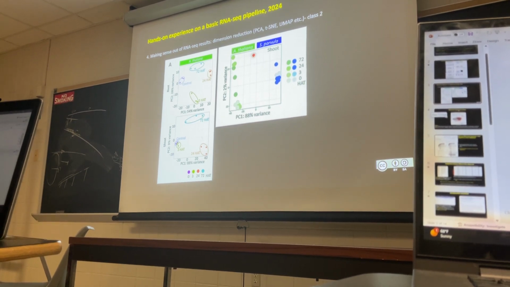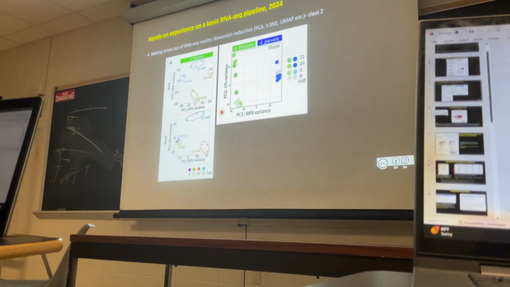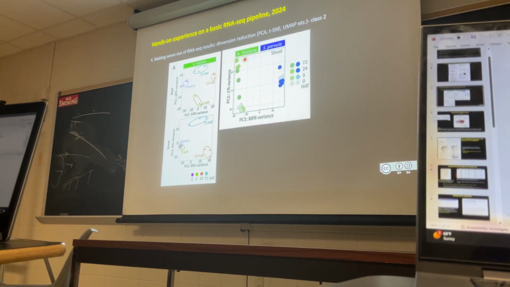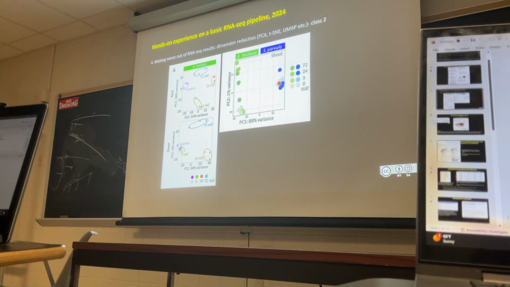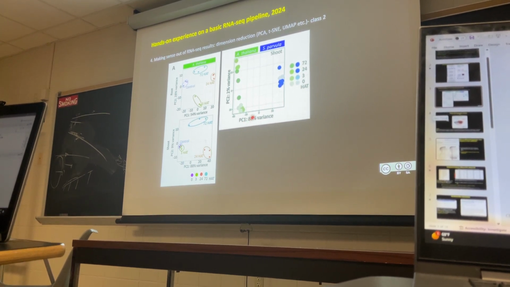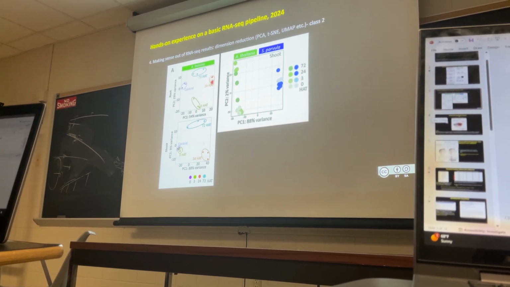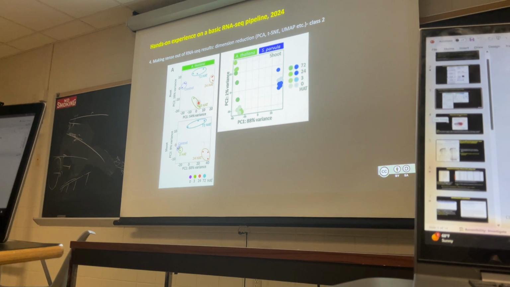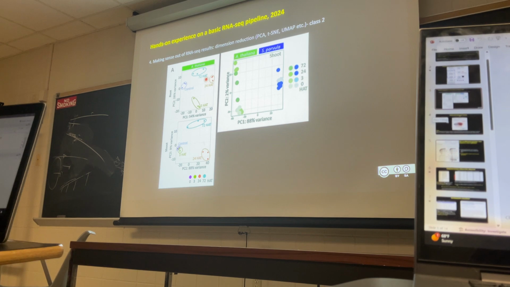With two species here, you can see the biggest difference is between the species: the dots on the left are for one species, Arabidopsis, and the right is for the other species, Fabula. 88% of the variance is contributed by the species difference. And if we look at only one species, then you can see the treatment effect here.